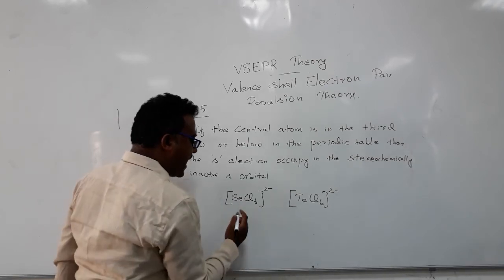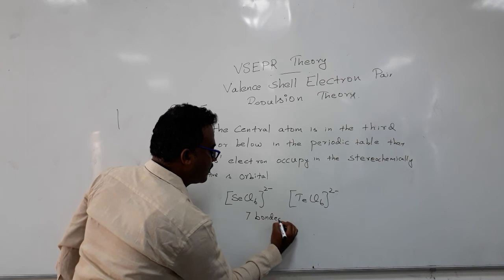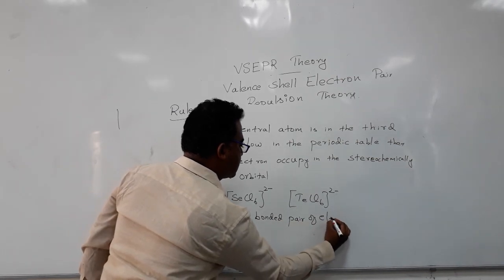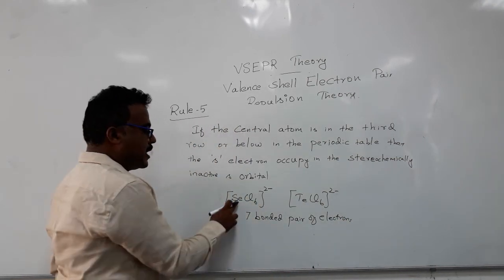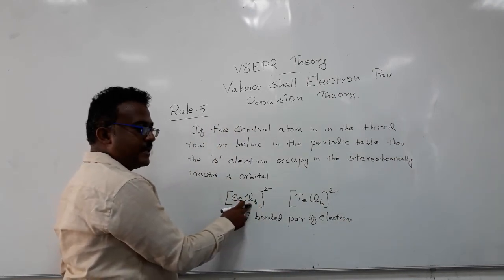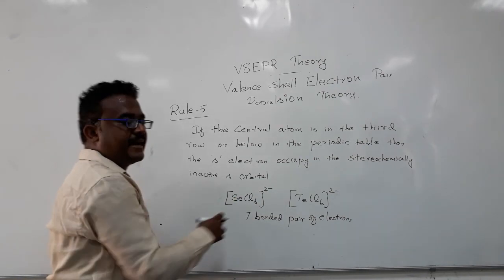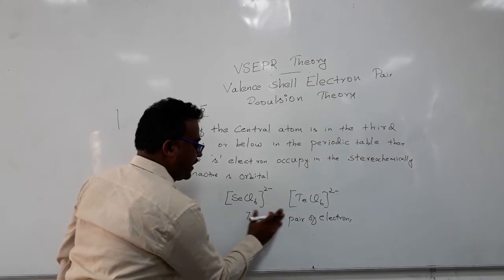In both cases there are 7 pairs of electrons. How? Selenium 6 and then chlorine 6, that is 12, plus 2 electrons, 14 electrons. So 7 pairs of electrons.